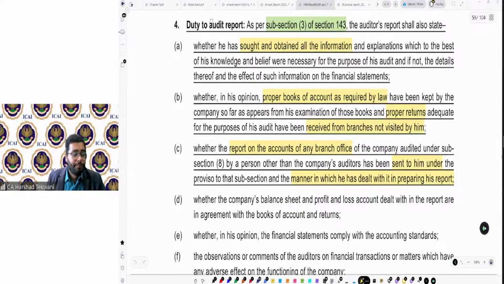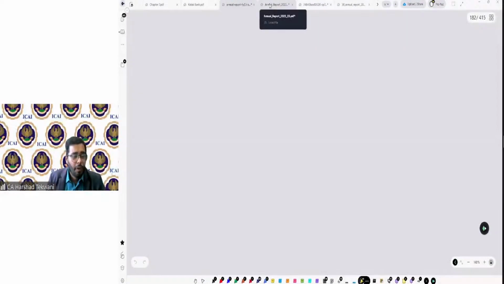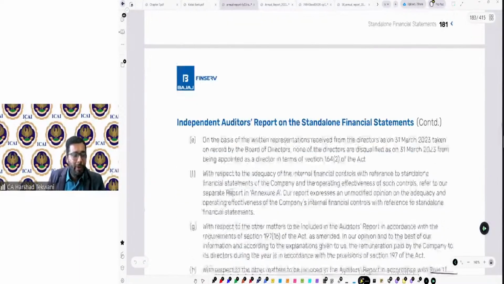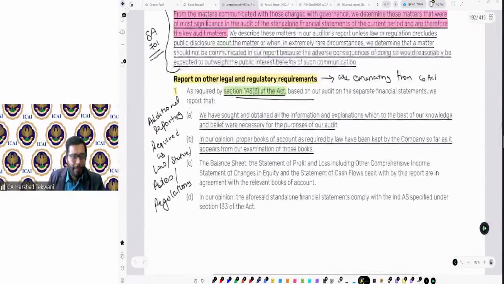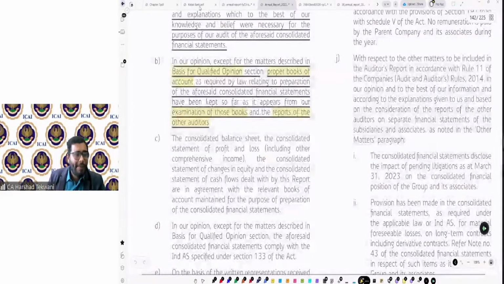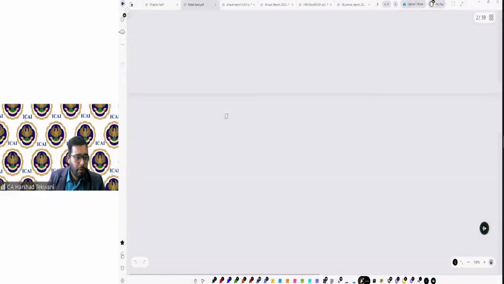Okay. Third point, which was with respect to the report on accounts of any branch. In a normal audit report, if that is not applicable, if there is no branch audit and everything, then they will not include that particular point. But if that is applicable, then only it will be included.